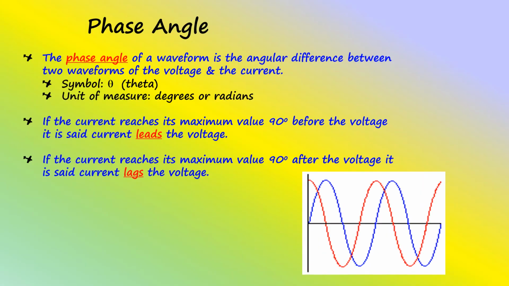In circuits containing only resistors, such as those we have studied thus far, the current and voltage are in phase with each other, which means that they peak at the same moment in time. In circuits containing inductors and capacitors, however, the current and voltage will often not be in phase, and the angular difference between the two waveforms is called the phase angle.